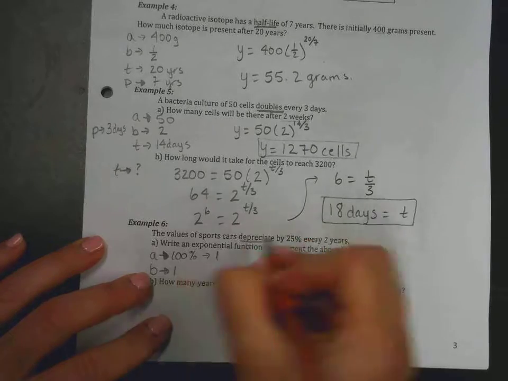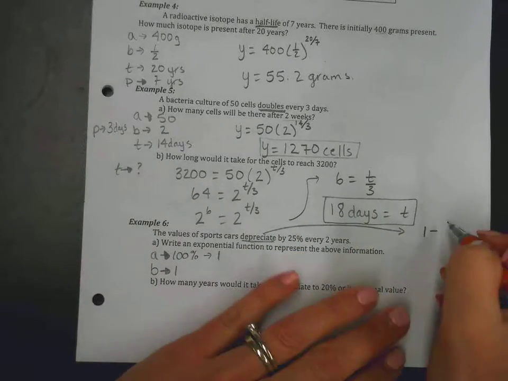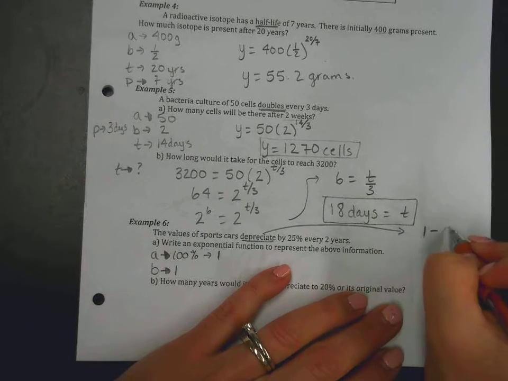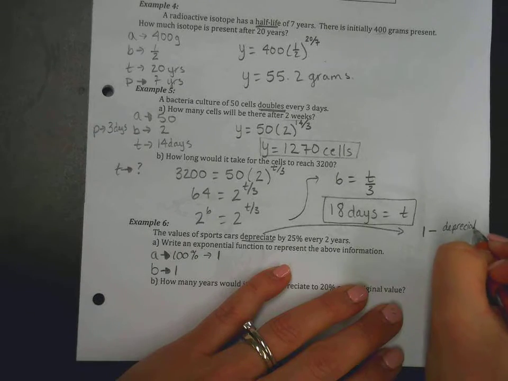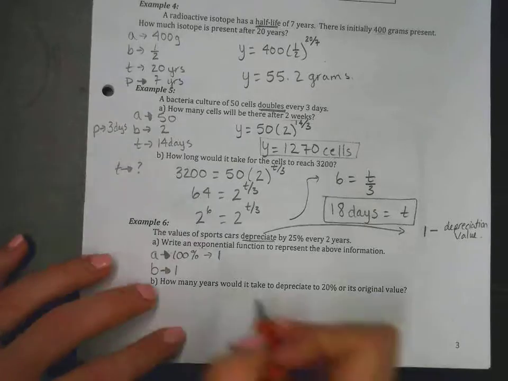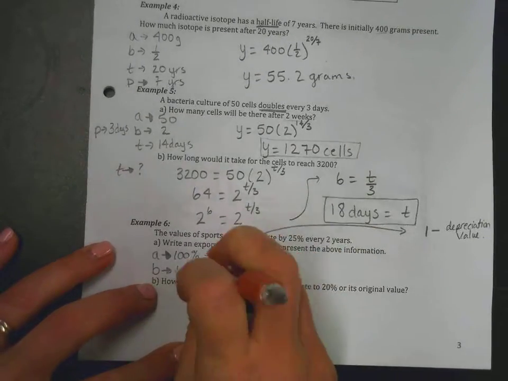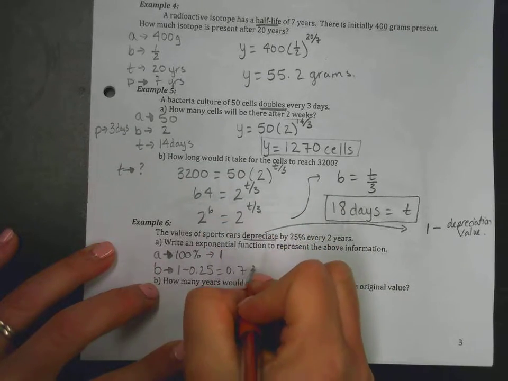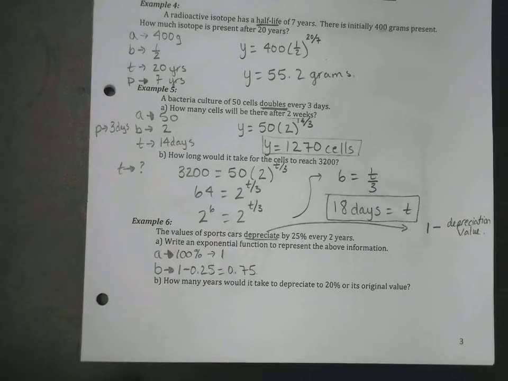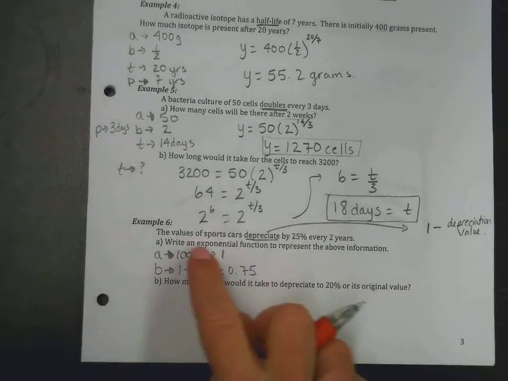So it's 1 minus the depreciation value. In this case, 1 minus 0.25 would equate to 0.75.